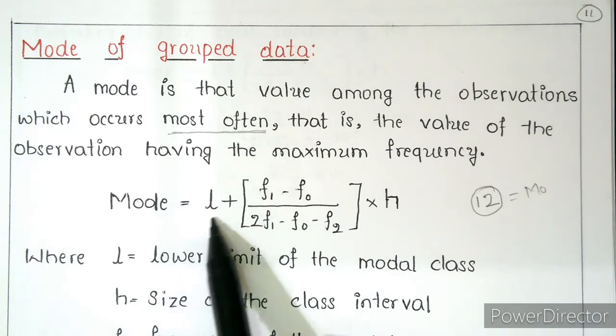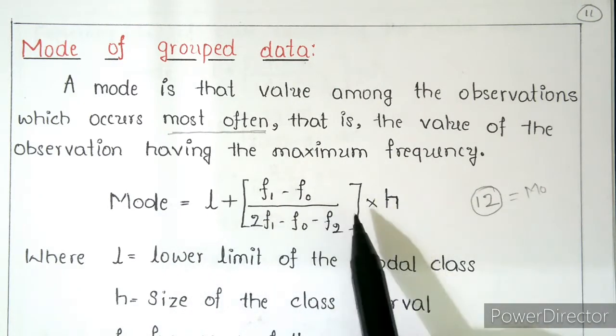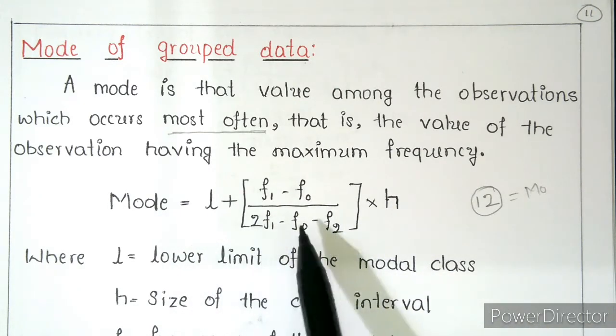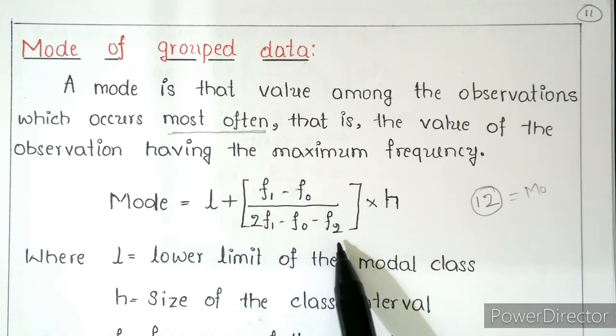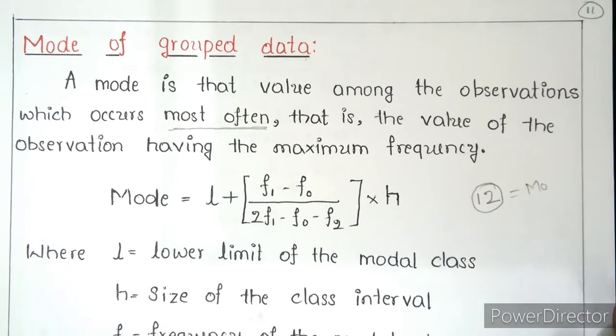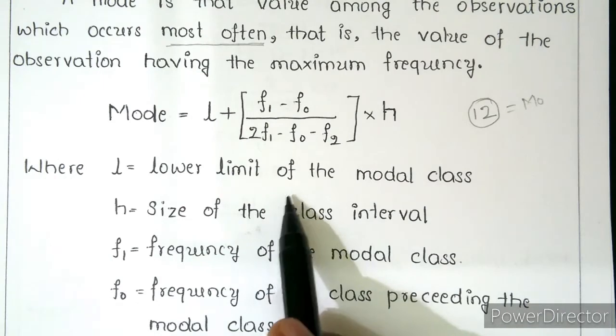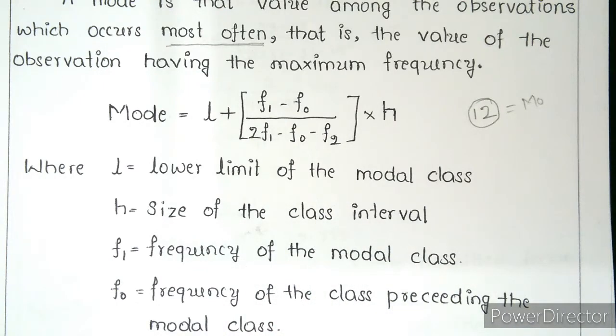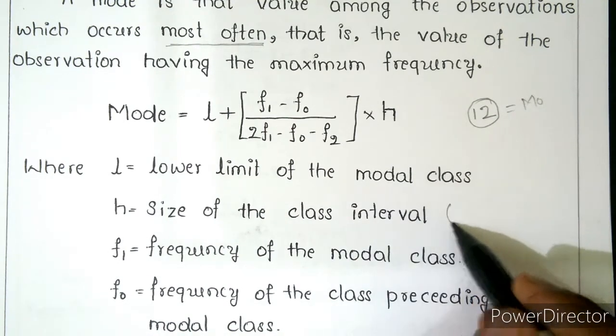Mode equals L plus (F1 minus F0) divided by (2F1 minus F0 minus F2), into H, where L is the lower limit of the modal class, and H is the size of the class interval, or class size.